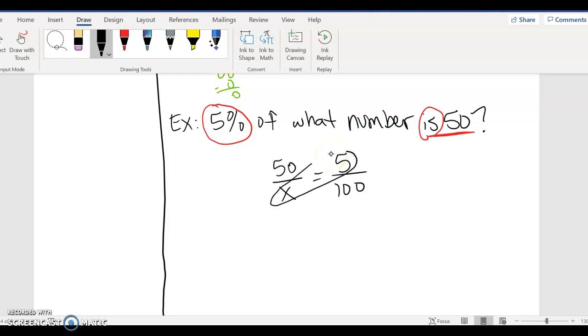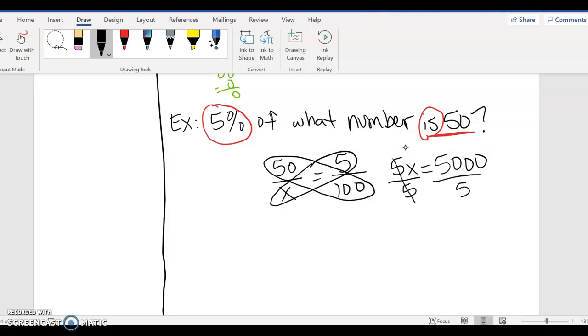And then we start to cross multiply. 5 times x is 5x. 100 times 50 is 5,000. We have to get x alone, so we've got to divide by 5. 5,000 divided by 5 is 1,000.